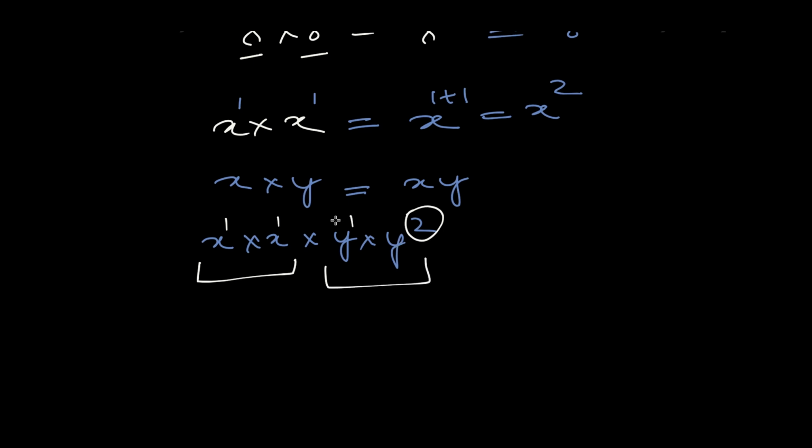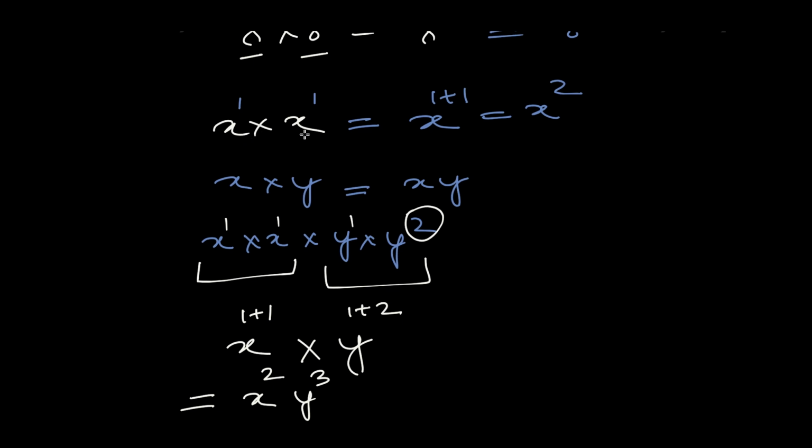We can add these two powers. So here we can say x 1 plus 1. This is multiplication, and this is y, and this power we can add, because this is also y, this is also y. So we can say 1 plus 2. So our answer is going to be x to the power 2 and y to the power 1 plus 2. It is going to be 3. This is how you can add the powers.